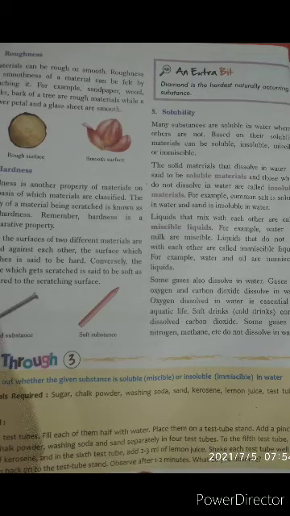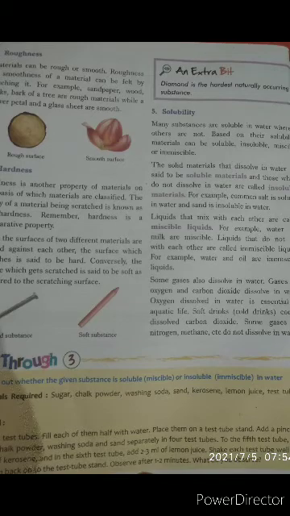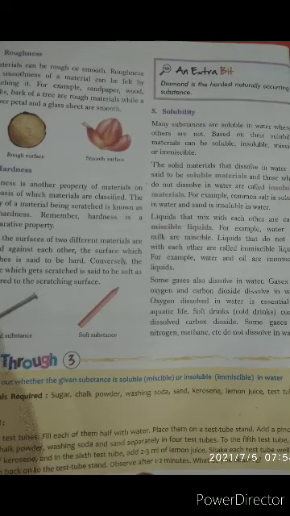The solid materials that dissolve in water are said to be soluble materials. Materials which dissolve in water will melt in water. Example, sugar, salt and so on. If we mix these in water, they will dissolve in water. Such materials are called water soluble materials, and those which do not dissolve in water are called insoluble materials.